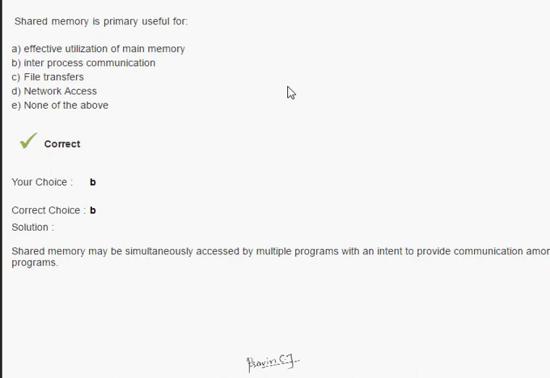Shared memory is used in inter-process communication. It may be simultaneously accessed by multiple programs with an intent to provide communication among them or avoid redundant copies. It is an efficient means of passing data between programs. So shared memory, that one.